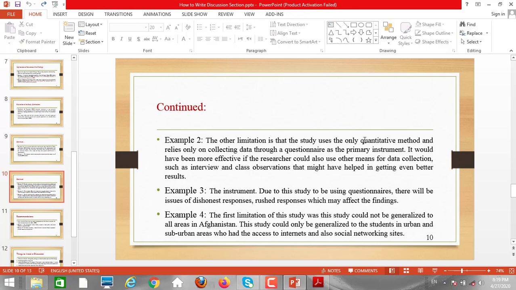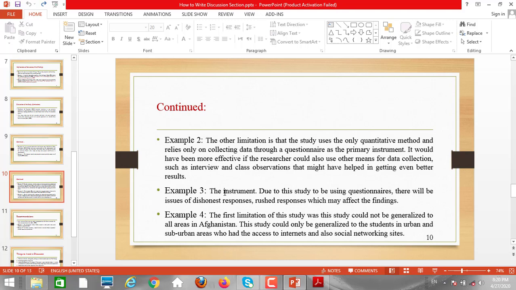You can provide the reasons why it is your limitation, and what you propose for improvement, or what changes future researchers can make. My proposal is that they can employ interviews, and also observe the classes in order to have a fruitful research.